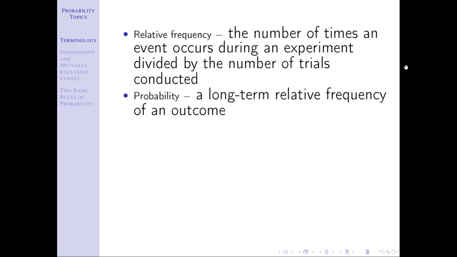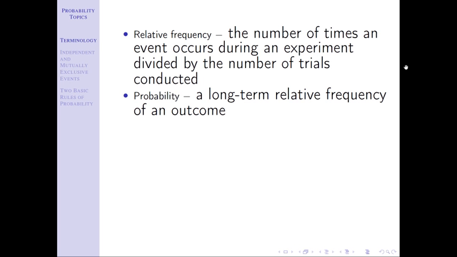What if we were to do this an infinite number of times? And you say, well, we can't do something an infinite number of times. I'm totally with you. When we talk about probability, we're talking about a true value, a what-if-we-knew-the-truth type value. And again, if you've seen this before, you're thinking population proportion. If you haven't, don't worry, we'll get there.